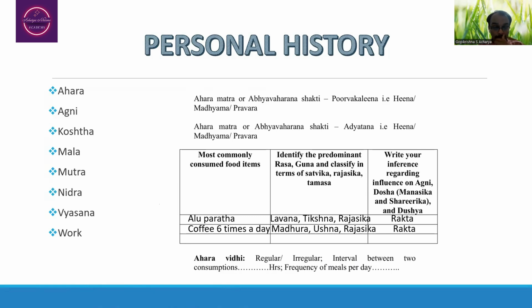Regarding the mutra, what kind of mutra the person is passing: the frequency of visiting the washroom, the color of the urine, whether yellow or colorless, whether there is delay in initiation of micturition, or terminal dribbling. That will be recorded here.